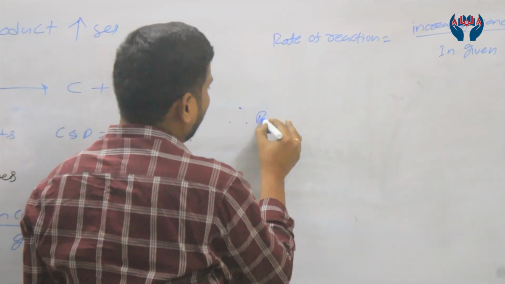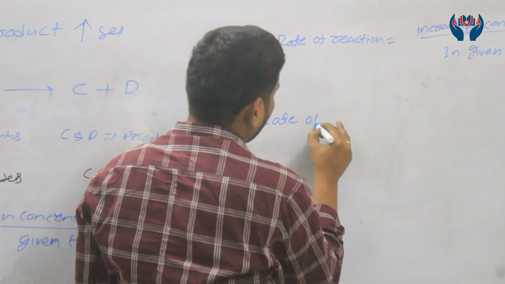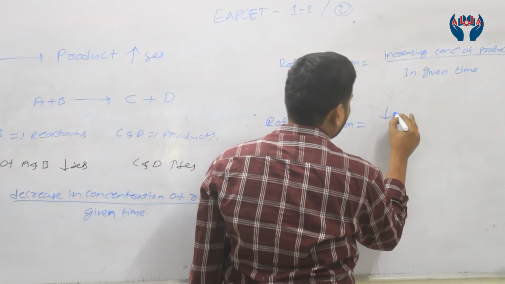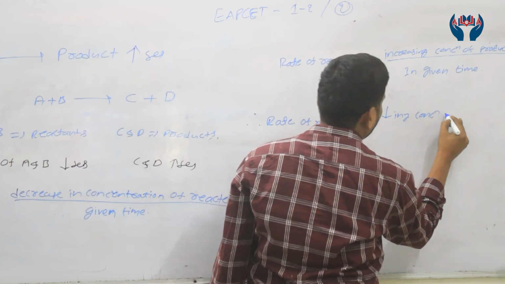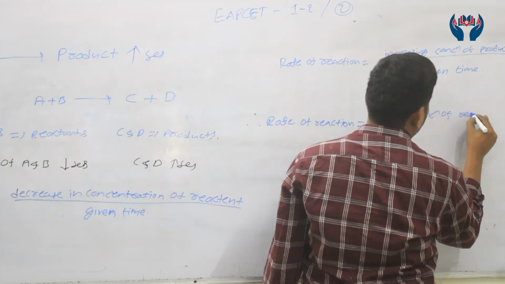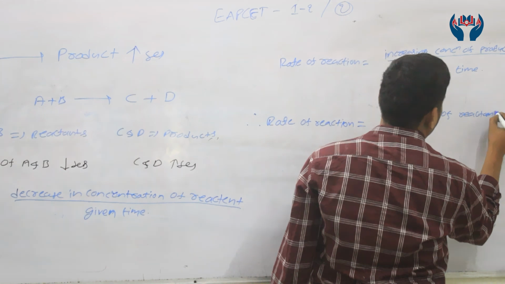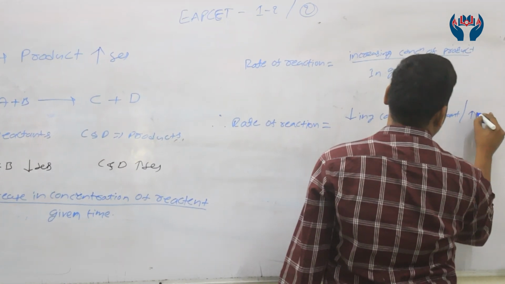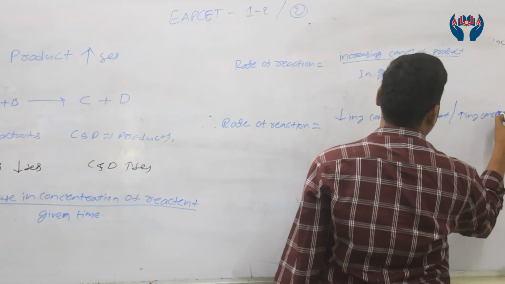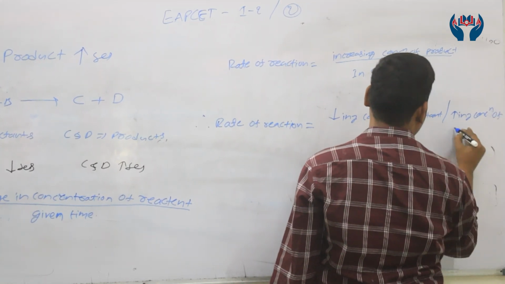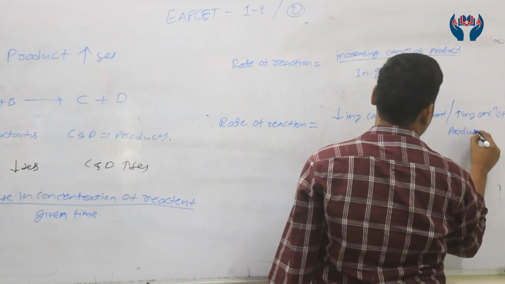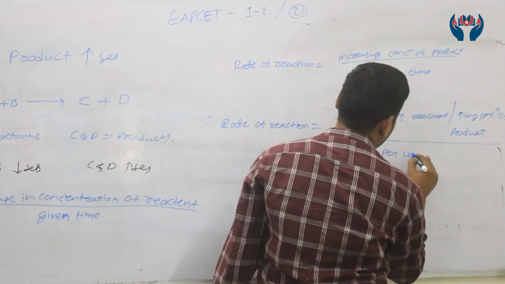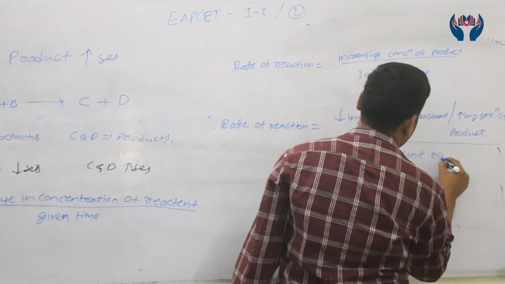Therefore, the overall rate of reaction equals the decrease in concentration of reactant or the increase in concentration of product per unit time.